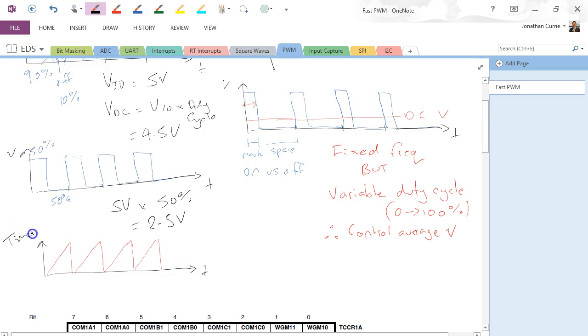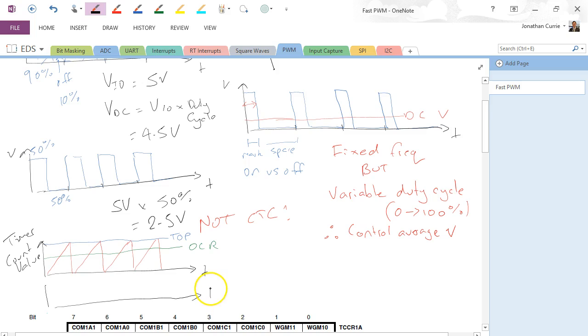Okay, so time versus timer count value, and not CTC. That's quite important. We have a top value, but we also have an OCR value. Now, this is how it works.